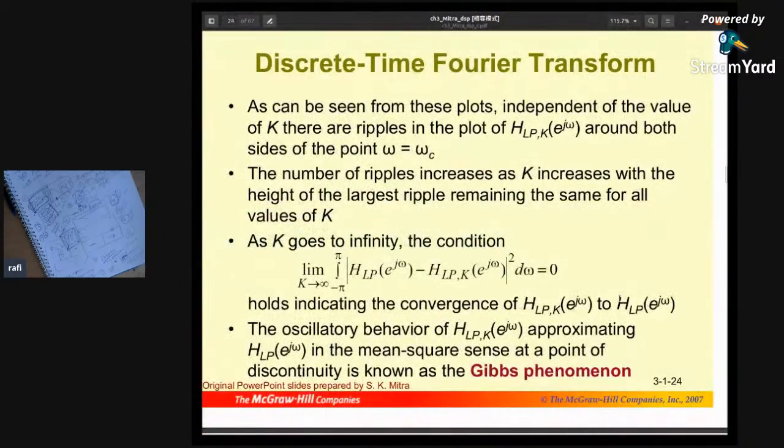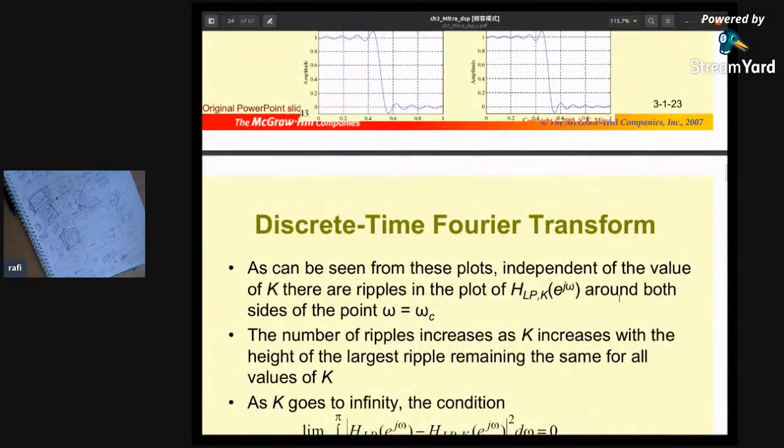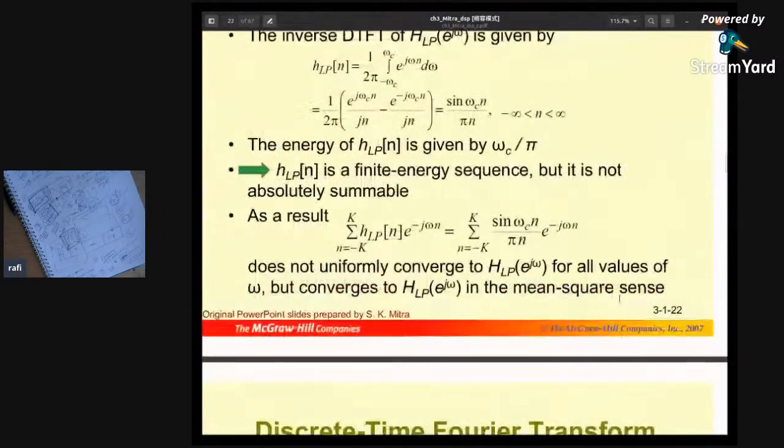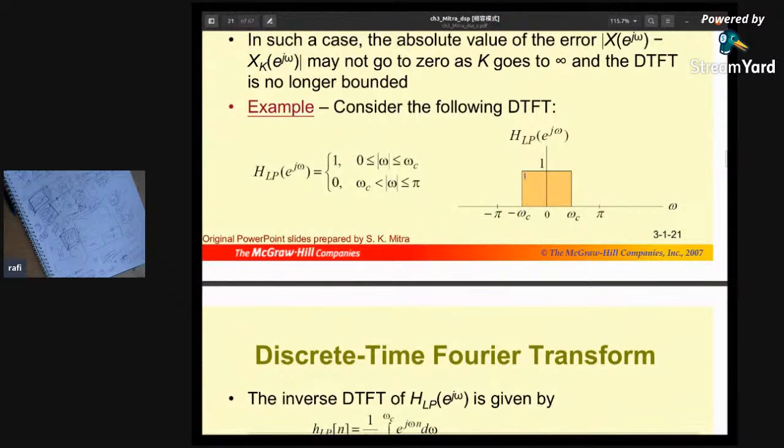And we have also seen what the Gibbs phenomenon is. The Gibbs phenomenon is nothing but what happens when you try to approximate a signal which has sudden transitions in the frequency domain, like this. Exactly at omega c, there is a sudden jump from 1 to 0. In this case, the Fourier series will not converge.